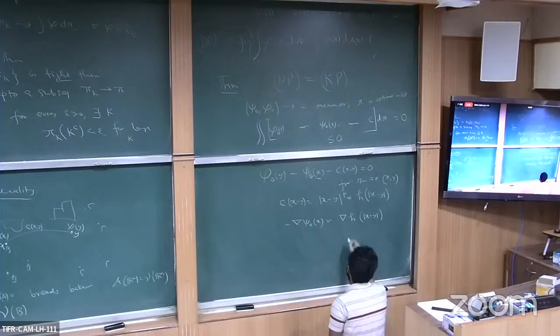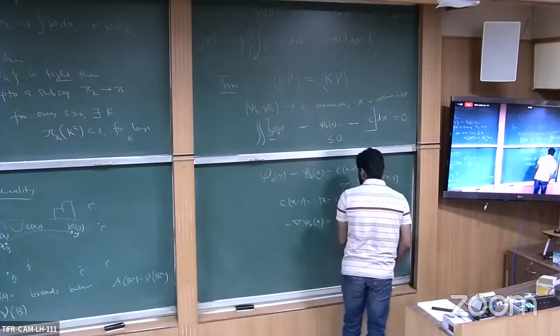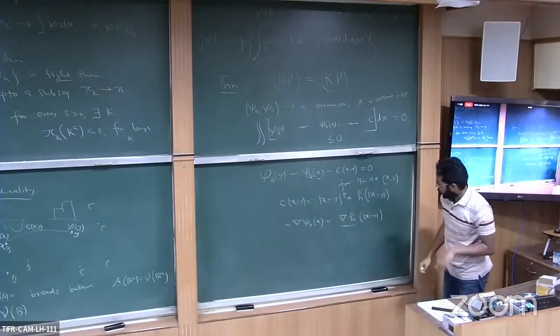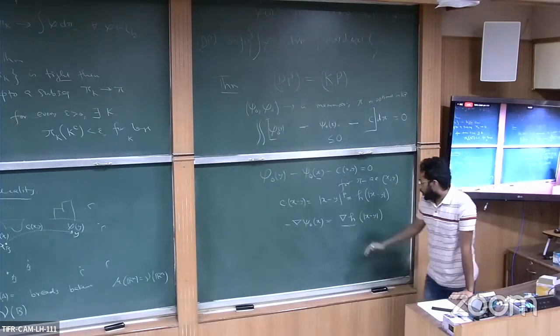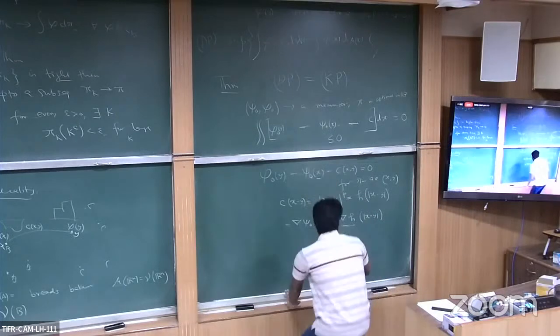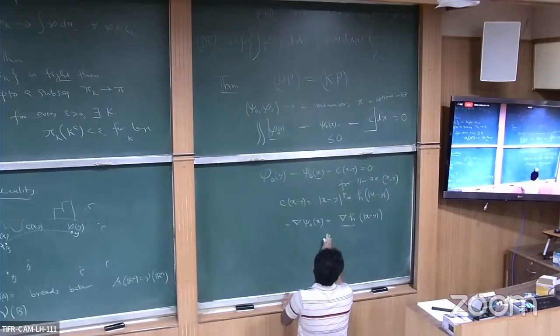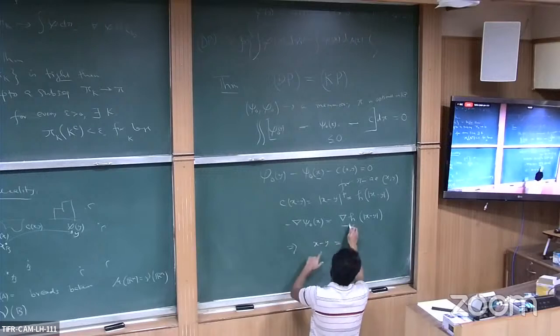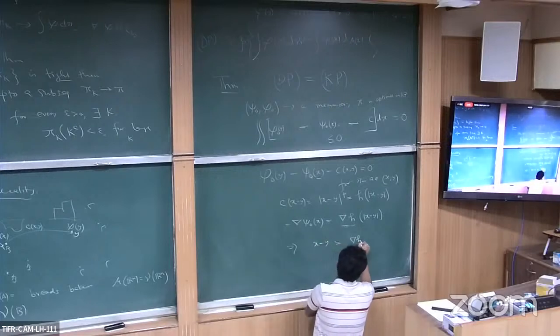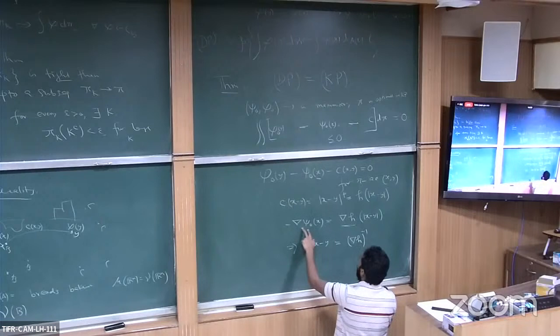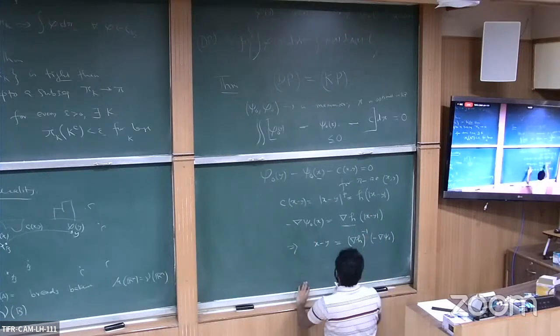Now here is where strict convexity comes into play. Okay, so if h is strictly convex, then the gradient is invertible. So x minus y is basically equal to gradient h inverse of minus gradient of psi naught, and I'm taking it radial.